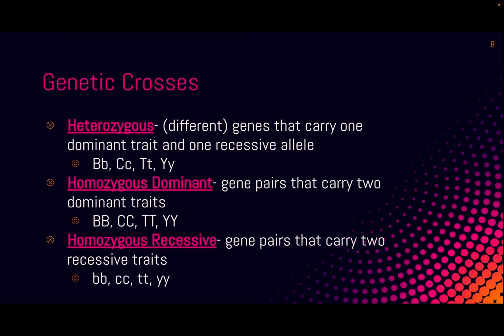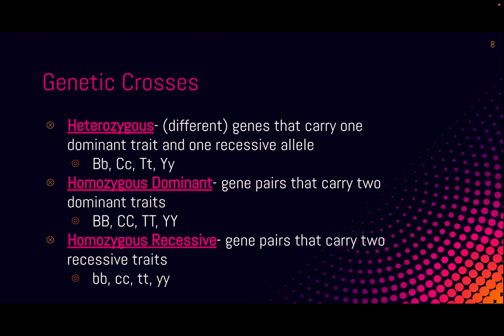Then we have homozygous recessive. These are gene pairs that carry two of the recessive traits. Homozygous recessive is much harder to have. That's why it's more rare for people to have blue eyes and blonde hair and why it's more rare for someone to have straight hair. And this is where you would have little b, little b, little c, little c, little t, little t, little y, little y.